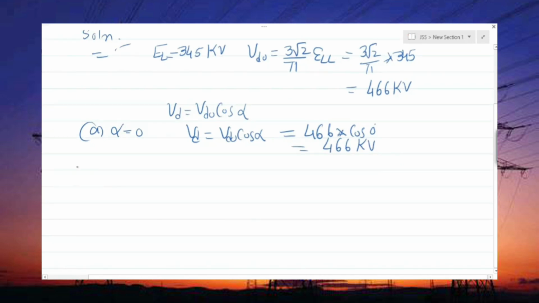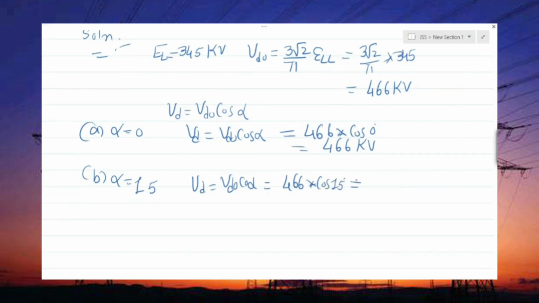Now in the second case, when alpha is equal to 15 degree, your equation becomes VD is equal to VDO cos alpha, which is 466 multiplied by cos 15 degree.